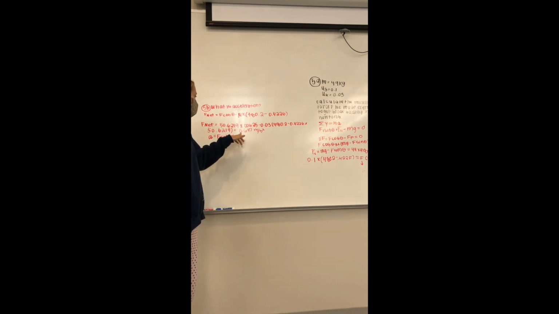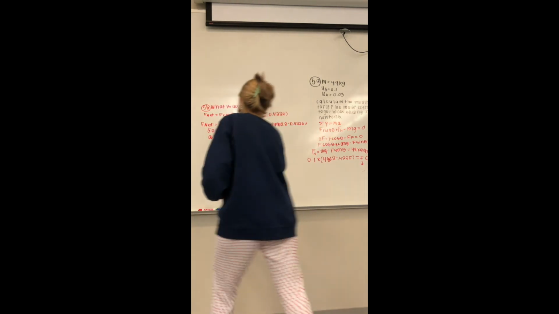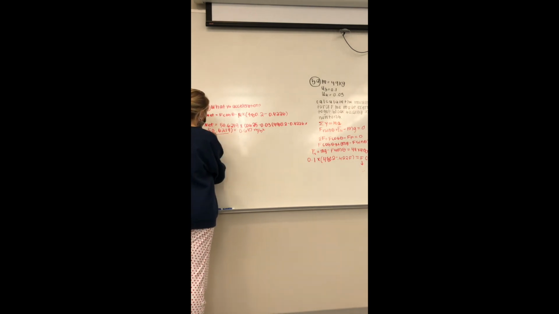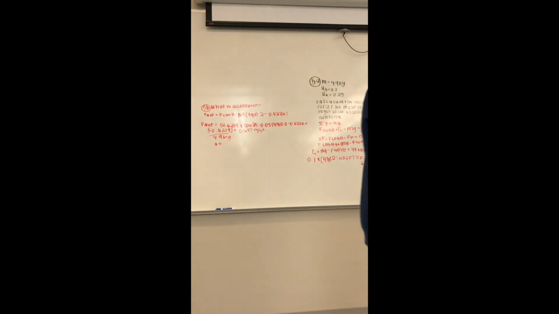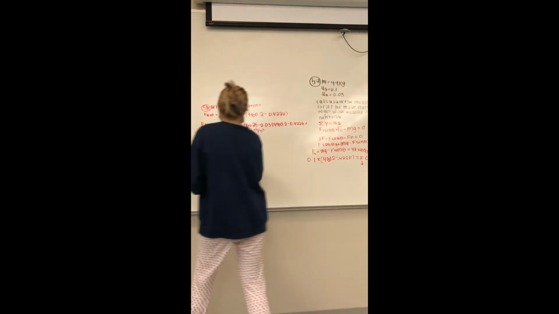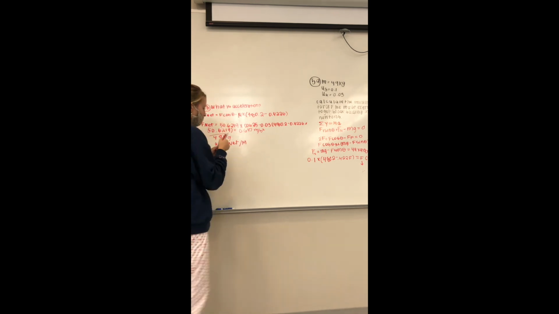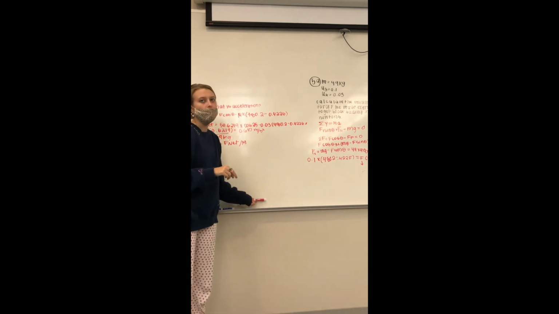And then you divide it by m, which for us was 49 kilograms, and then A equals F net divided by m. So we just found the net force, and then we divided that by our mass.